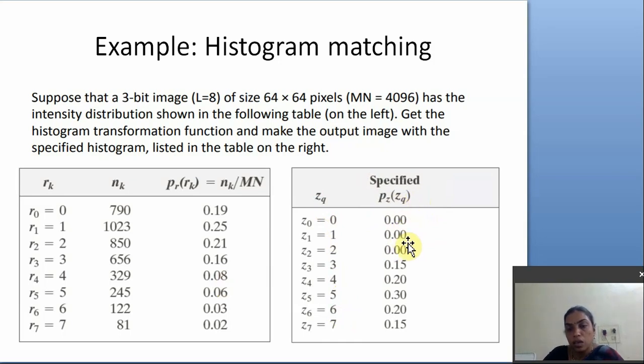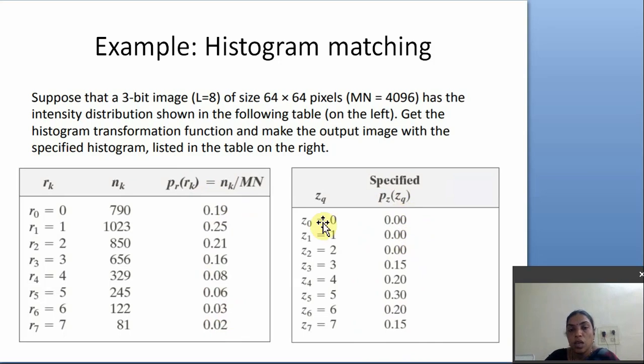Here the probabilities are like this for the given image, but the desired histogram is given here, so the probabilities should be like this.